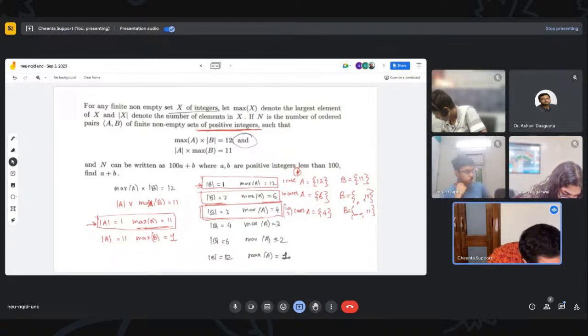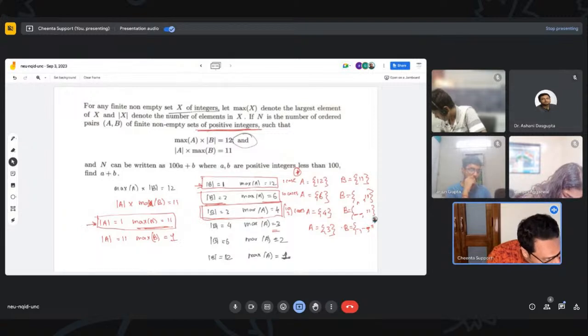Similarly, here A equals 3, and B has 3 slots and 11, so 4 items. So I have to choose these 3 numbers from 1 to 10. So 10 choose 3 cases.